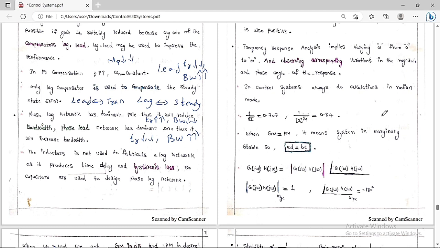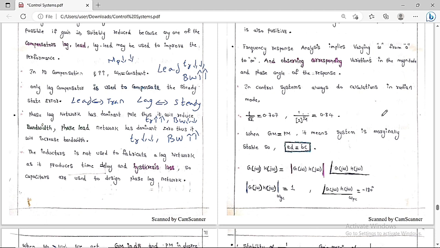That variation is called the frequency response analysis. So frequency response analysis implies varying omega from 0 to infinity and observing the corresponding variations in the magnitude as well as the phase angle of the response.